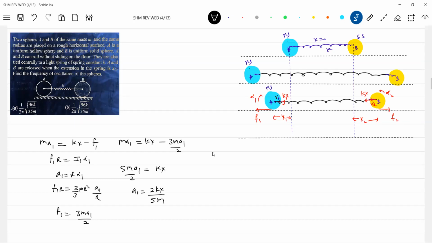Is it SHM? What is a1? A1 is the acceleration of the center of the hollow sphere. What is x? X is the total deflection. We wanted x1. We don't know this x1.